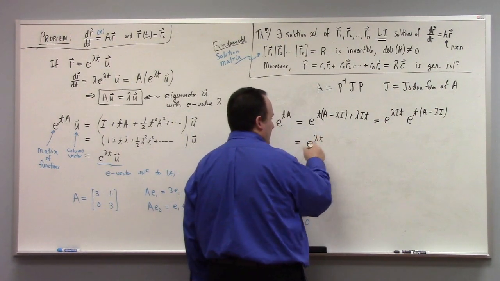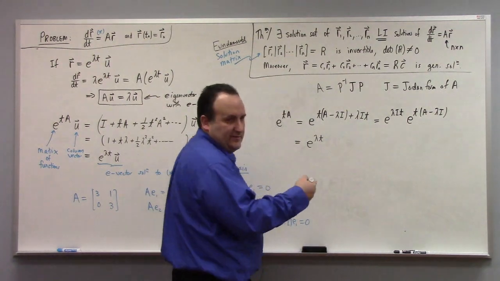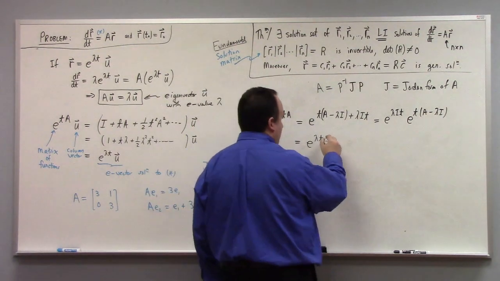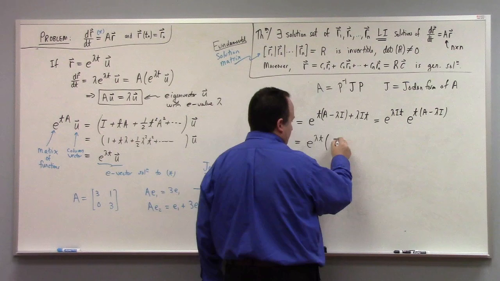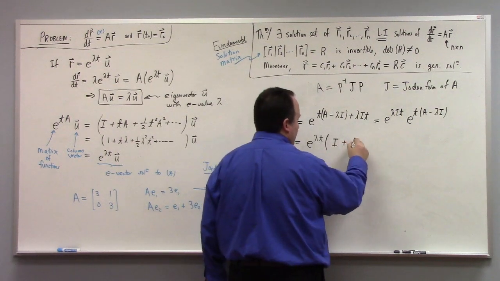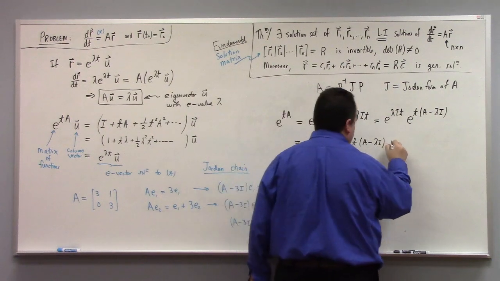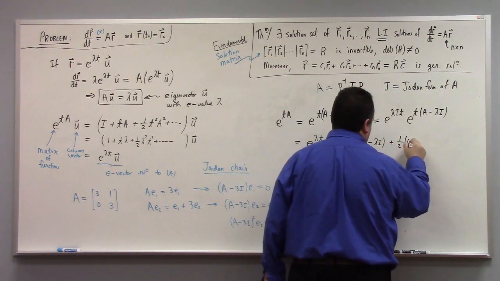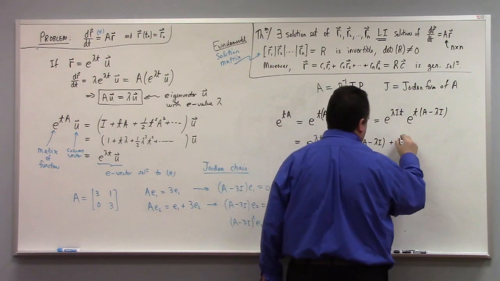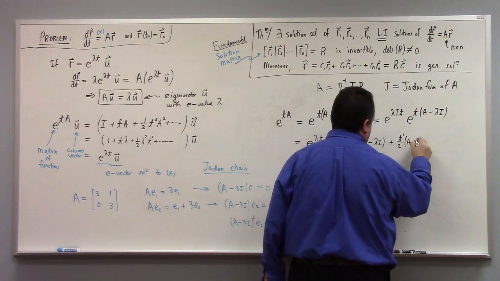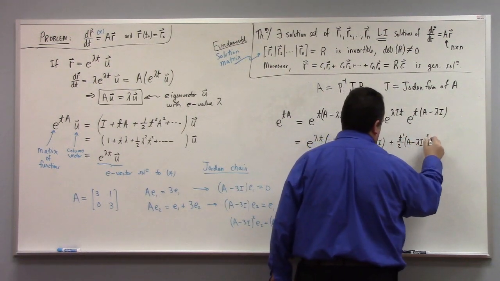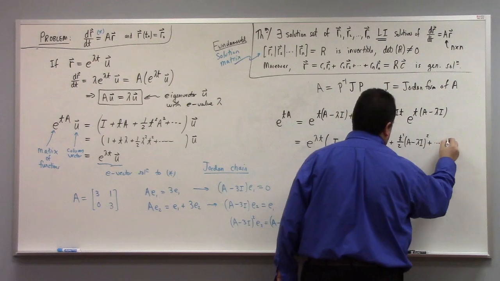That's just the ordinary, plain old e to the eigenvalue times time. And then that is going to be the identity matrix plus t times (A minus lambda I), plus t squared over 2 times (A minus lambda I) squared, and so on, higher powers.